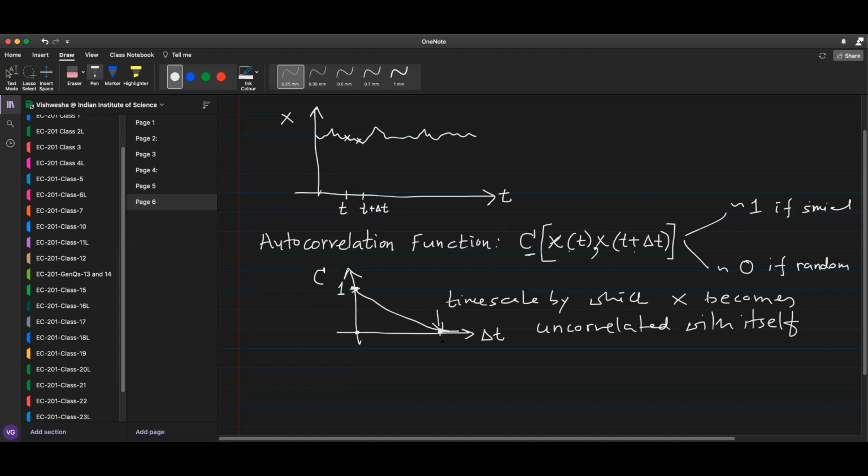Let's call that tau. The time scale by which x becomes uncorrelated with itself is called tau, the so-called autocorrelation time.